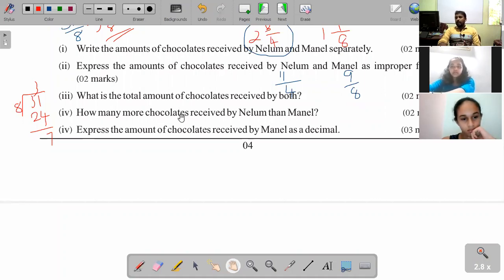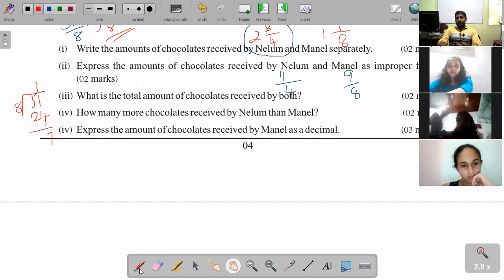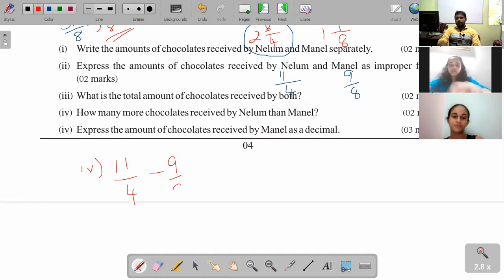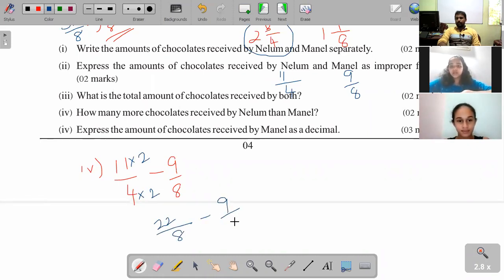You have to subtract, no? Right, which to subtract? That's the part 4 answer. Which to subtract? 11 over 4 minus 9 over 8. We can't subtract like this. We have to write the equivalent fraction for this one. Both numerator and denominator you have to multiply by 2. 22 over 8 subtract 9 over 8.